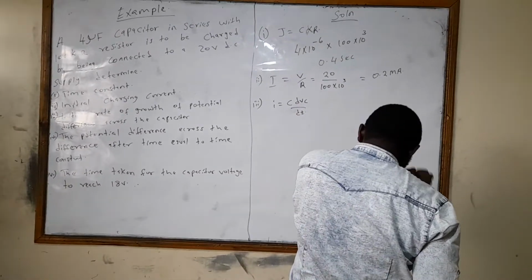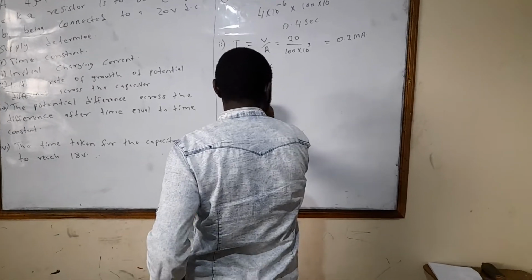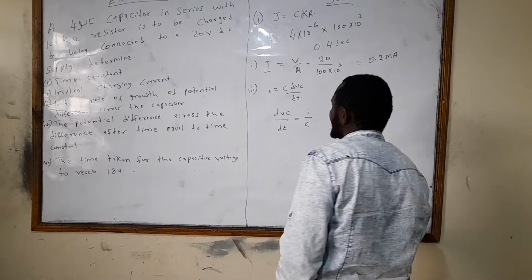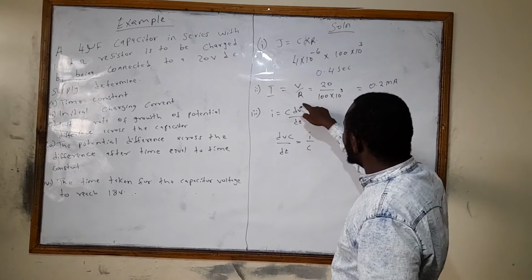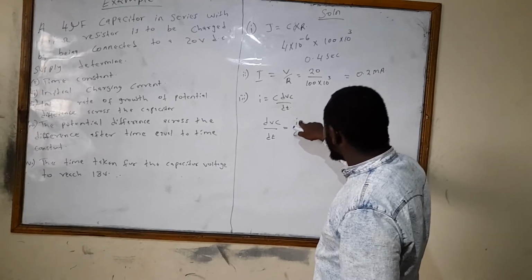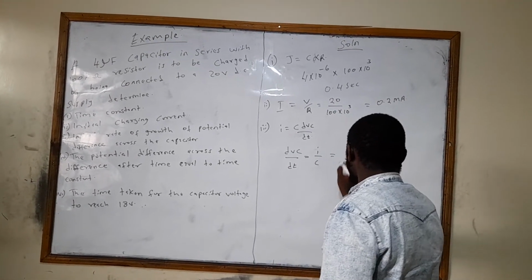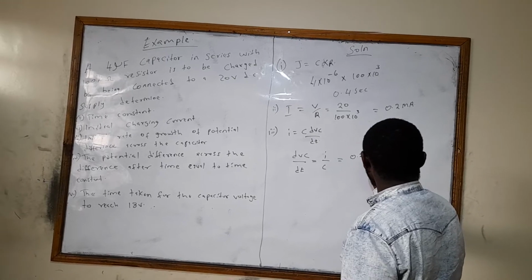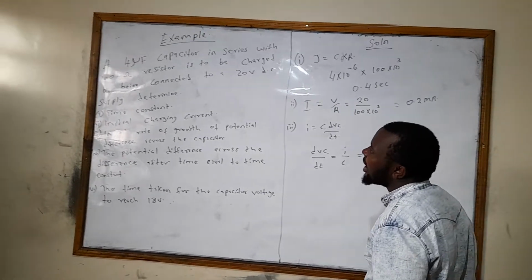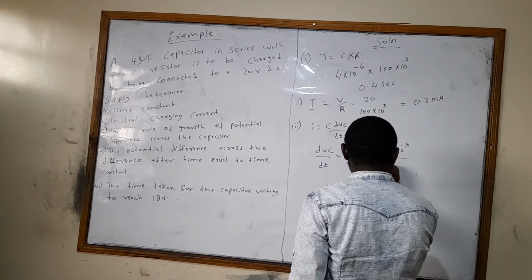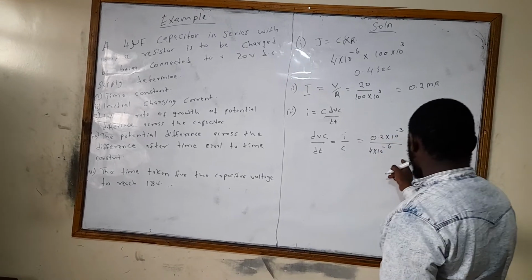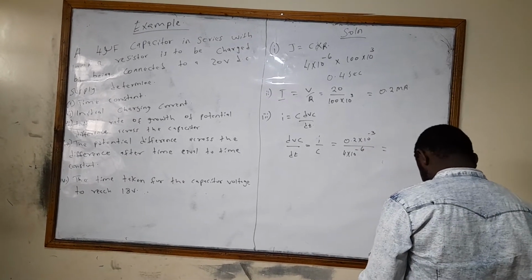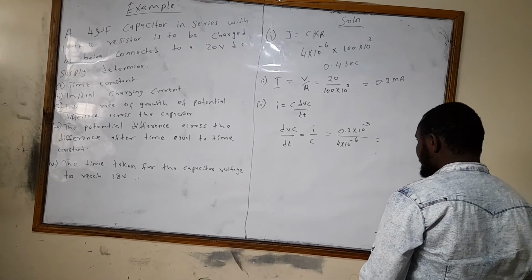Therefore dVc divided by dt is equal to I divided by C. The value of I is 0.2 times 10 power negative 3, divided by the capacitor, 4 times 10 power negative 6. That is 50.